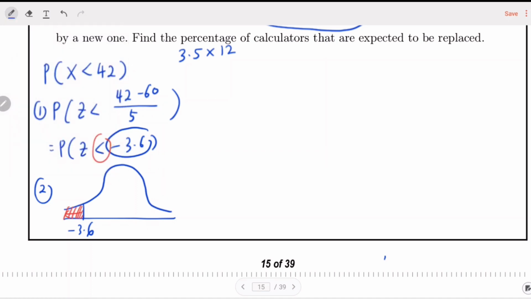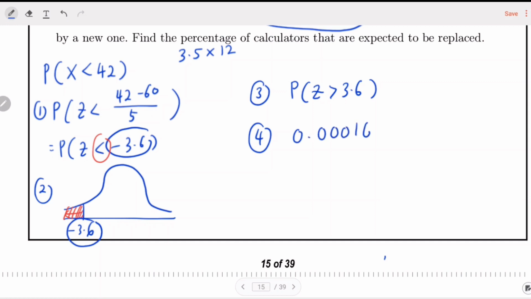For the third step, we need to identify whether we need to put 1 minus or not. Since we didn't shade the middle part of our bell shape, we don't need to put 1 minus. So we just find the probability for Z greater than this value here. Just make it positive. And then the last step, take a look at the standard normal table. We're going to get the value of 0.00016. Right?